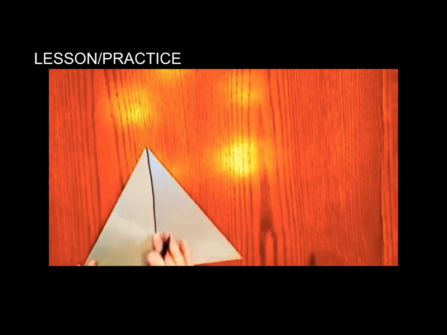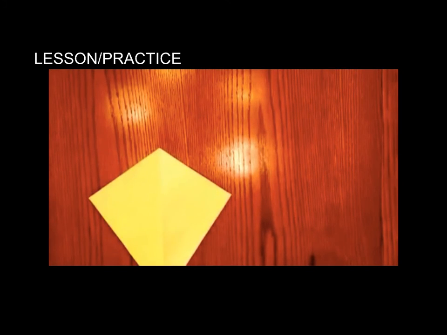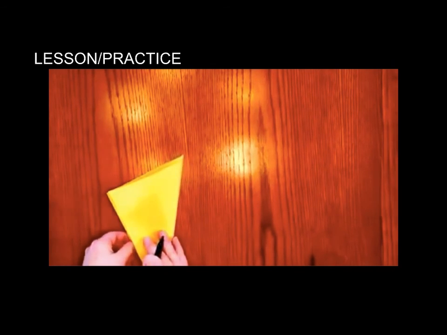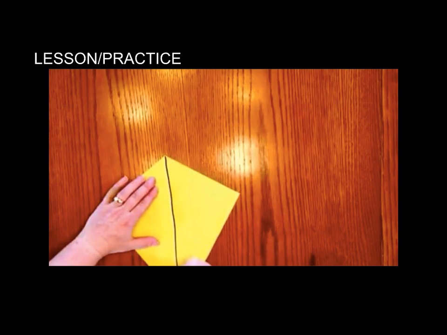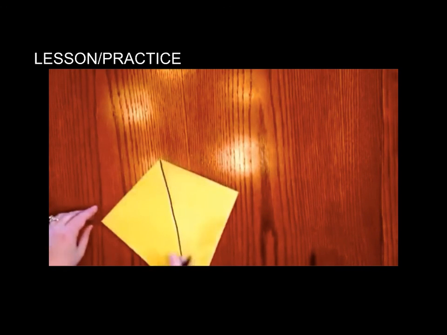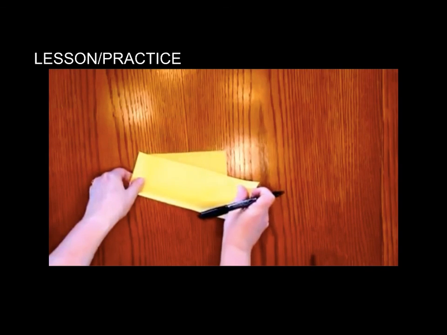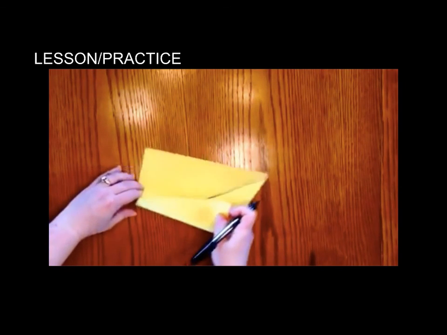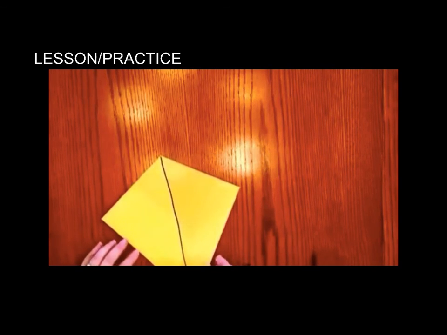So this triangle only has 1 line of symmetry. Let's take a look at this shape that kind of looks like a kite. This one, if I fold this direction, here is 1 line of symmetry. But if I try to take this corner over here, it doesn't line up. If I try to take this corner over here, it doesn't line up. So this particular shape has 1 line of symmetry.